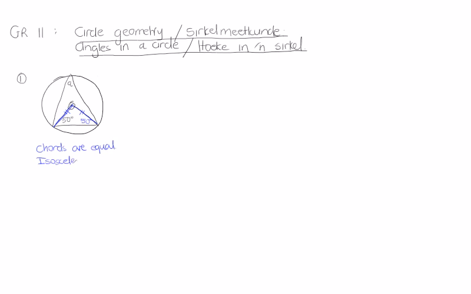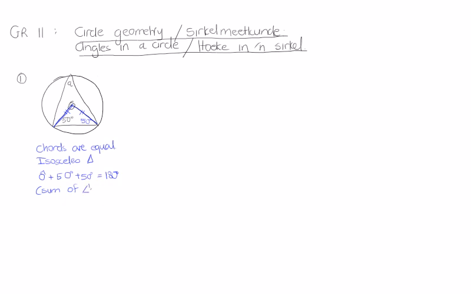isosceles triangle. Then angle O plus 50 plus 50. Angle O plus 50 degrees plus 50 degrees is 180, because it's the sum of the angles.